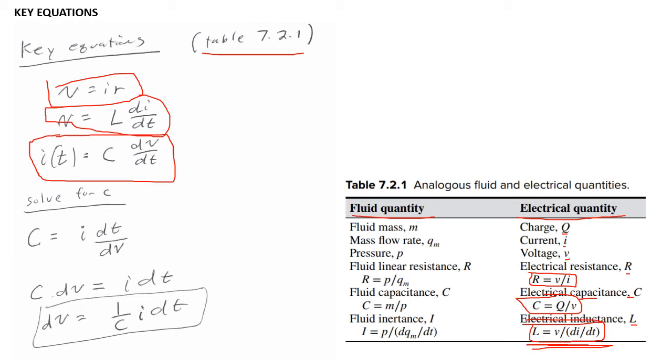I'm going to take the last relationship and solve it for C. C is equal to I dt over dV. So if I solve this for dV, C dV is equal to I dt. Moving the C back over, the change in voltage is equal to 1 over C times I dt. So now I have a page of all my key equations that I'm going to utilize for solving this problem.